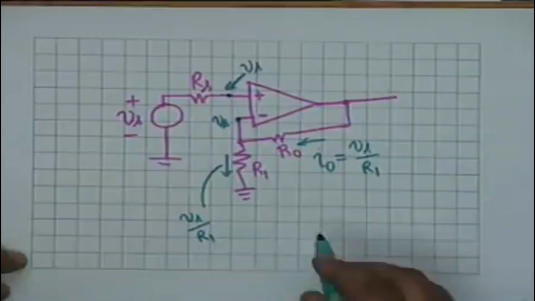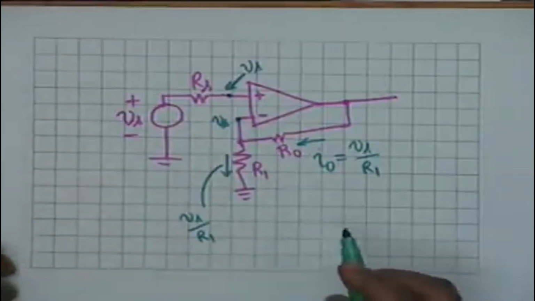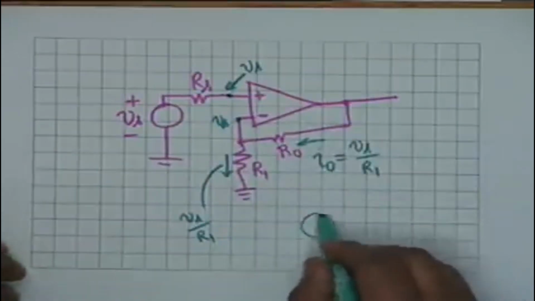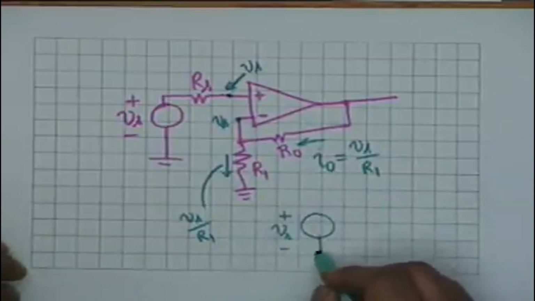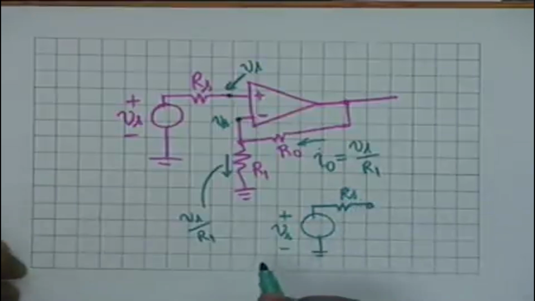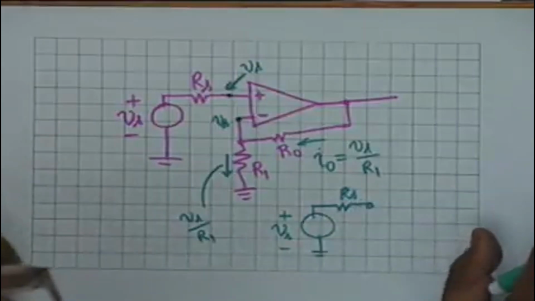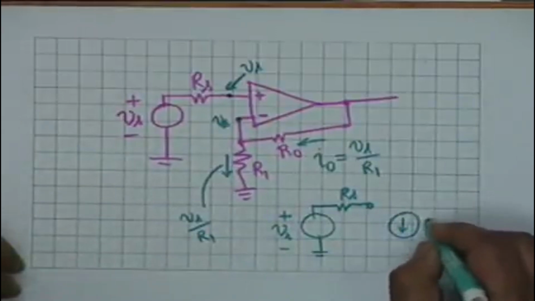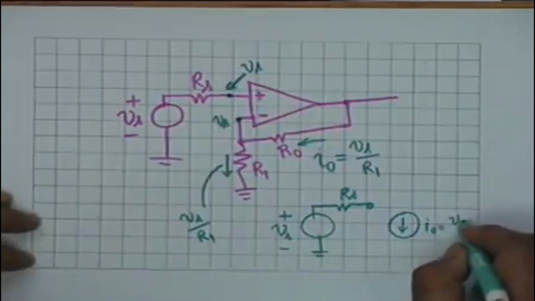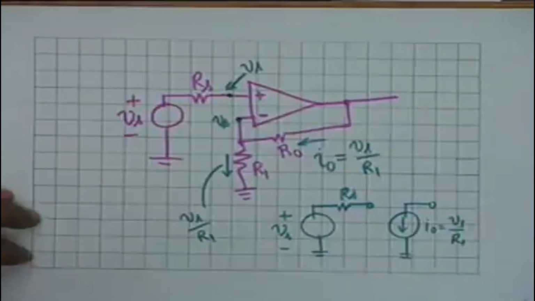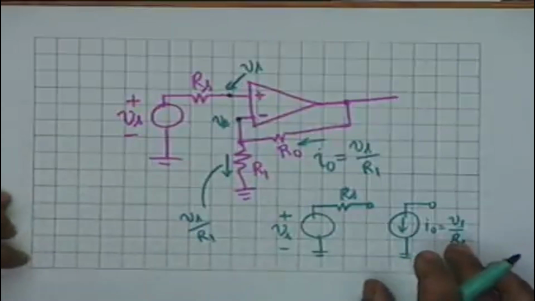All right. Now what is the equivalent circuit? The equivalent circuit is that you have a Vs with an internal resistance Rs, it does not deliver any current. The output current I0 is equal to Vs divided by R1. This is the circuit.